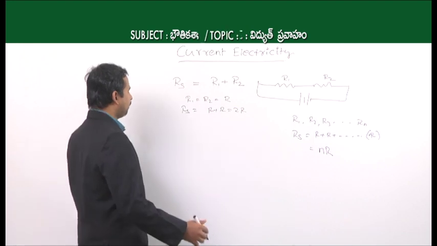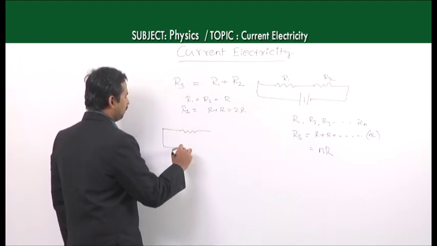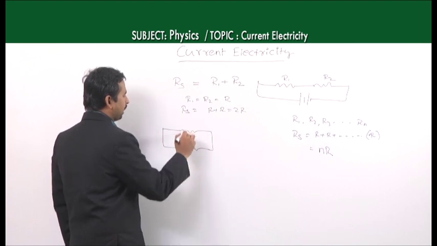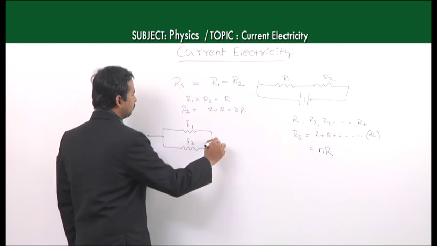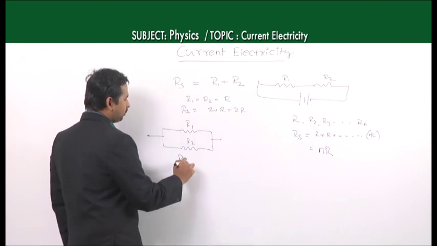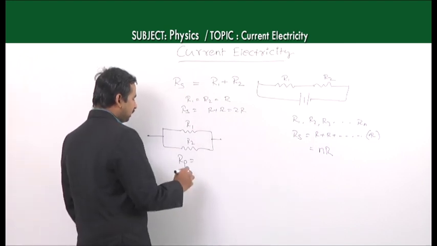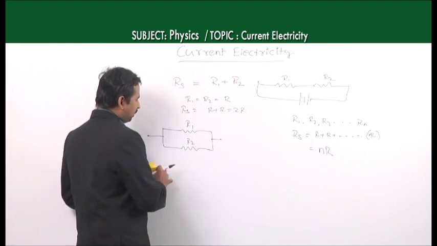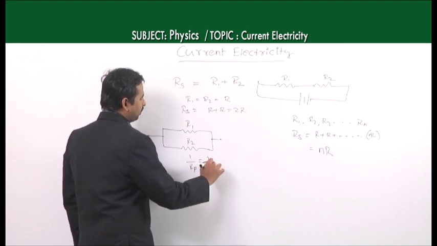In the same way, as we already discussed, if you are taking two resistances R1 and R2 connected in parallel, we got 1 by Rp is equal to 1 by R1 plus 1 by R2.